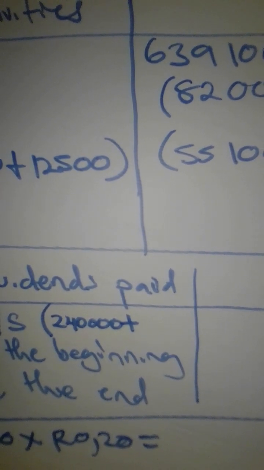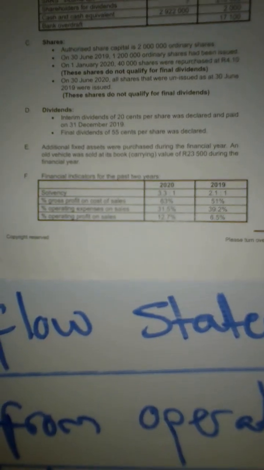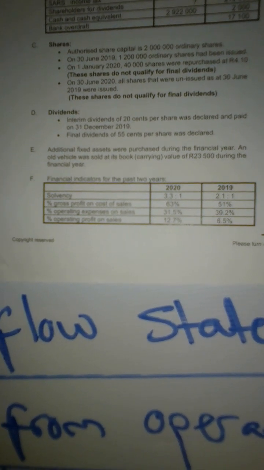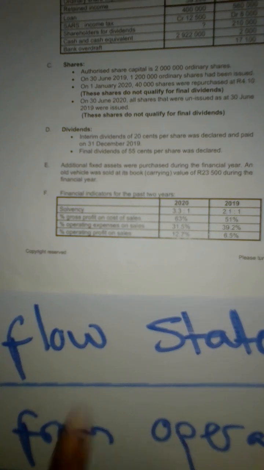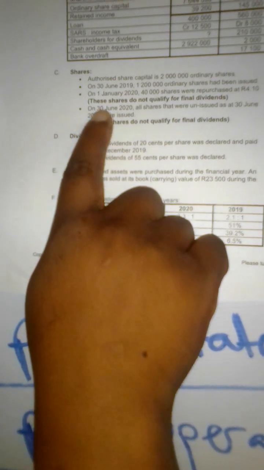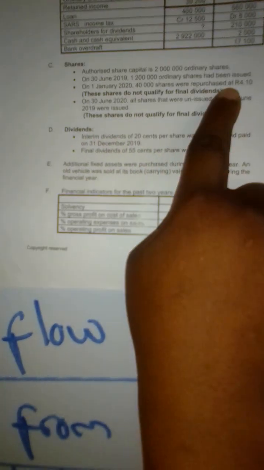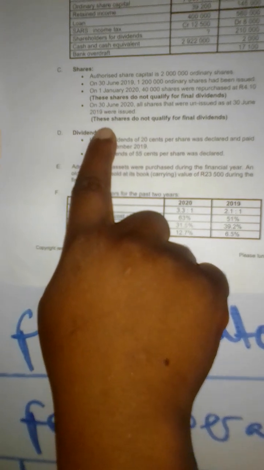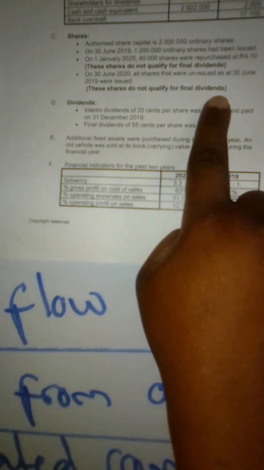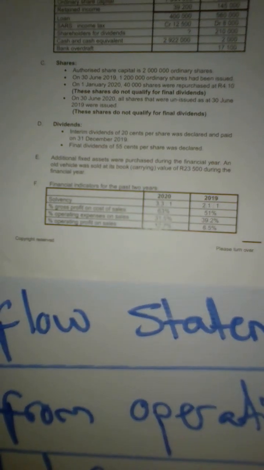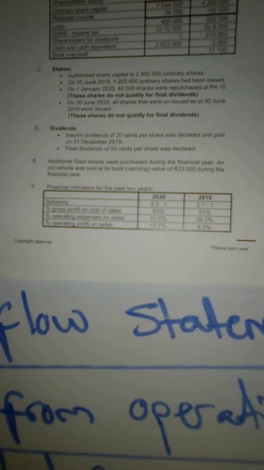The final dividend they are saying here is 55 cents per share. 55 cents per share was declared. The repurchased shares are not qualifying, and the shares that were issued during the year are also not qualifying. So how many shares are we going to use to calculate our final dividend?